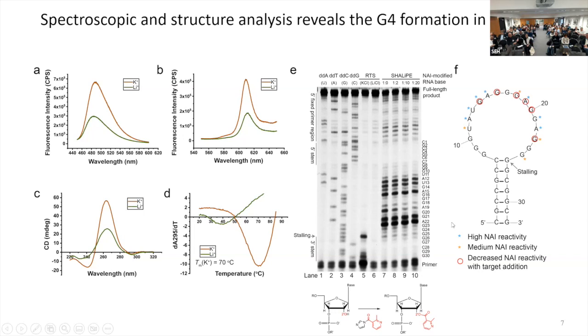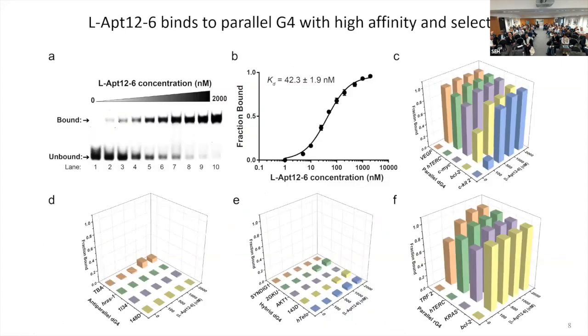This is because after target binding, the target can further protect the nucleotide bases from NAI modification, so the NAI reactivity changes. In summary, these assays suggest a G4 structure in our aptamer 12.6 and that it is responsible for binding. So now we have the sequence and the structural information of aptamer 12.6.